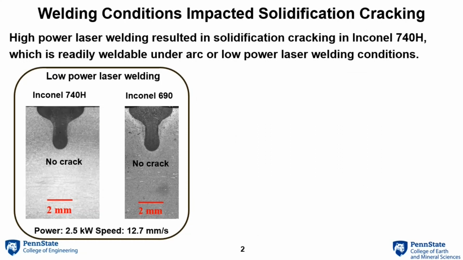However, the unique process conditions during high-power laser welding can also induce defects, which were not observed under arc or low-power laser welding conditions. For example, during low-power laser welding of Inconel 740H and Inconel 690, no cracking occurred for either alloy.